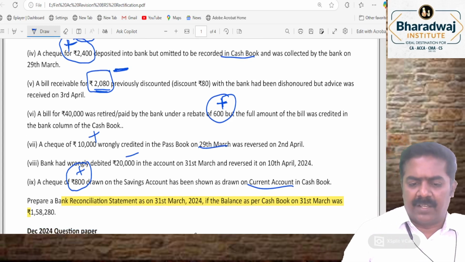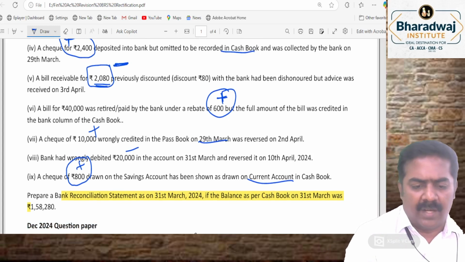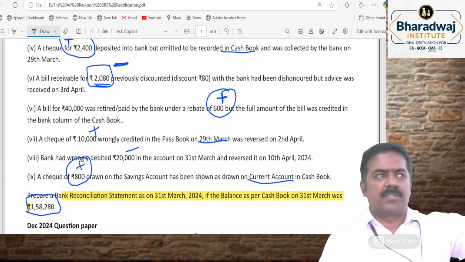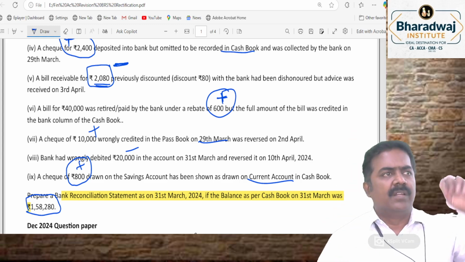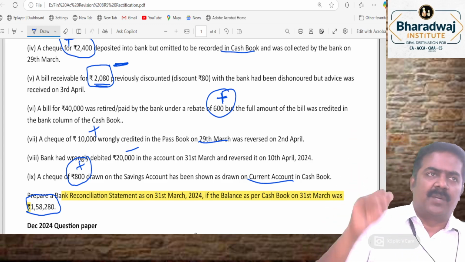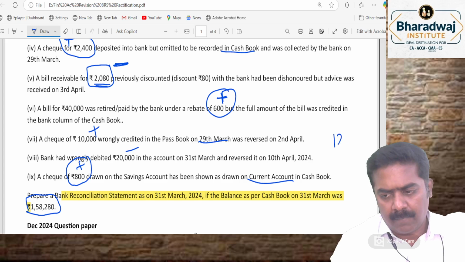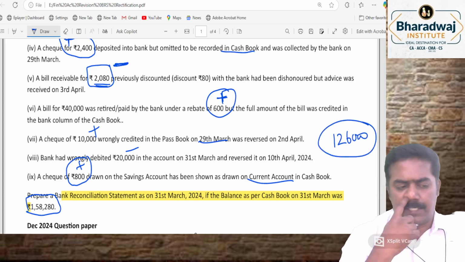Work out and tell me the answer. 1,58,200 is the starting point, balance as per cash book. Add 1, 2, 3, 4, minus 1, 2, 3, 4, 5, 6 or whatever. You will get the answer. What is the answer? 1,26,000.